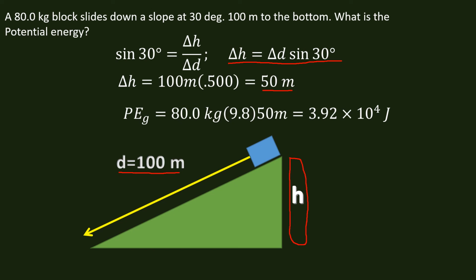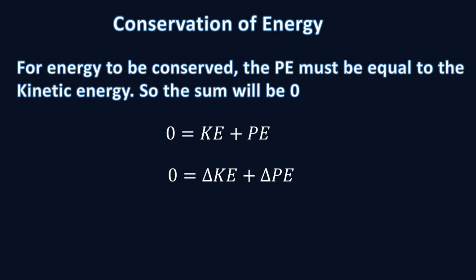That's all we're concerned about, and we find we have 3.92 times 10 to the 4 joules. So remember, potential energy, this box is standing still, and it has this potential energy right here. Okay, we're going to stop right here, and part 2 will take up the conservation of energy.